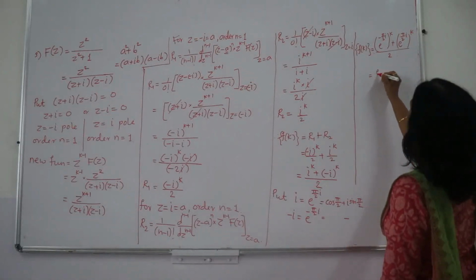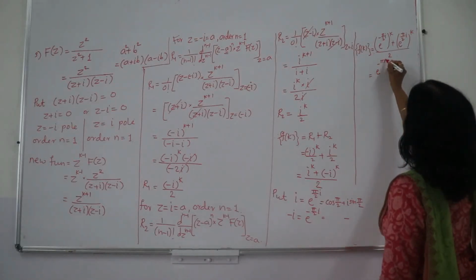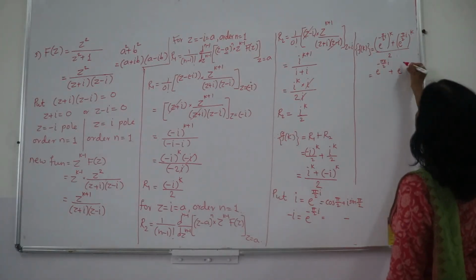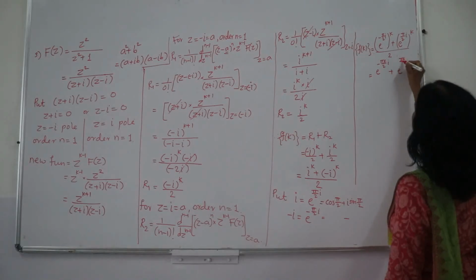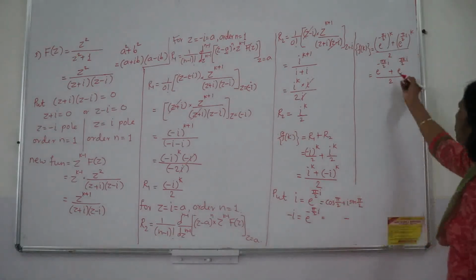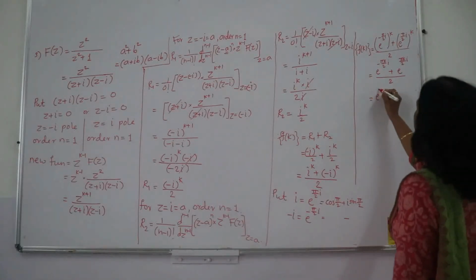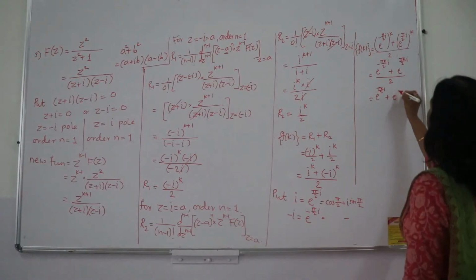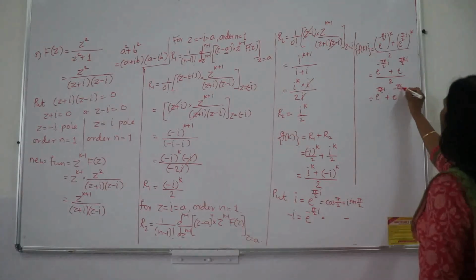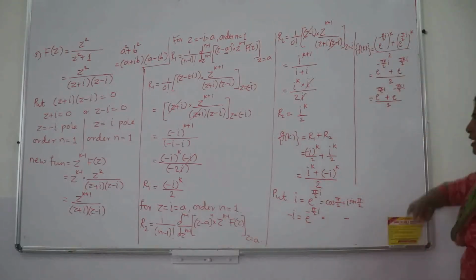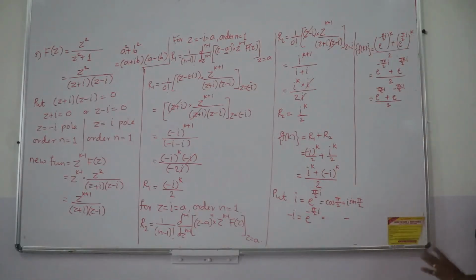So this is e^(minus i pi k/2) plus e^(i pi k/2), divided by 2. Or you may just shift it like this also: e^(i pi k/2) plus e^(minus i pi k/2) divided by 2. Nothing, I just shifted the two numbers like this, plus value and minus value, nothing else.